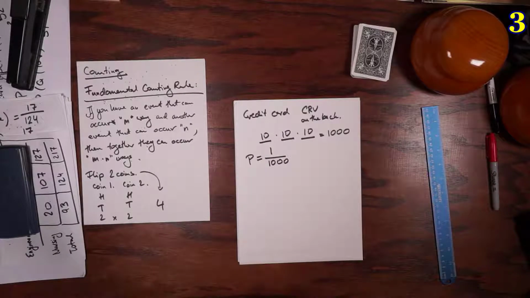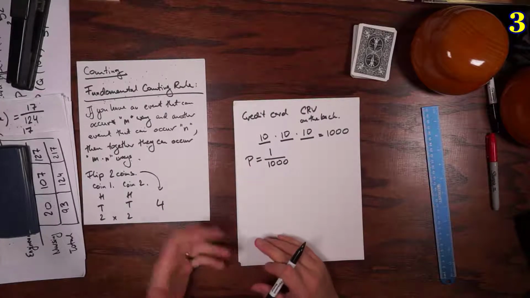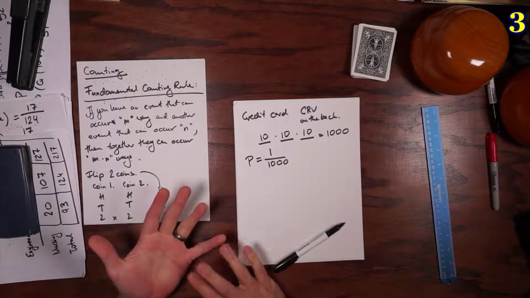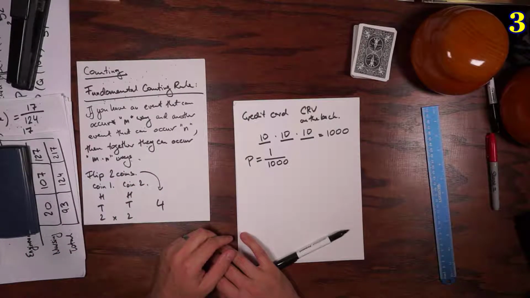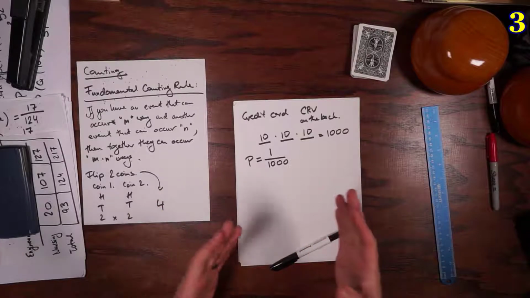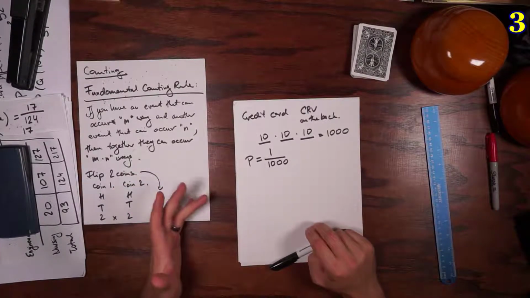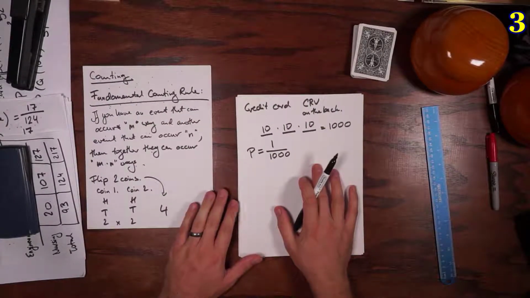And we can expand this. Your iPhone or your smartphone has a 6-digit code. Each one of those digits can be from 0 to 9, so there's 10 possibilities. So 10 times 10 times 10 times 10 times 10 times 10, we have 1,000,000 choices, which is great. So this is the basic application of fundamental counting.